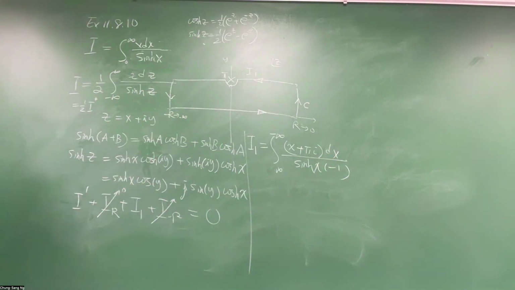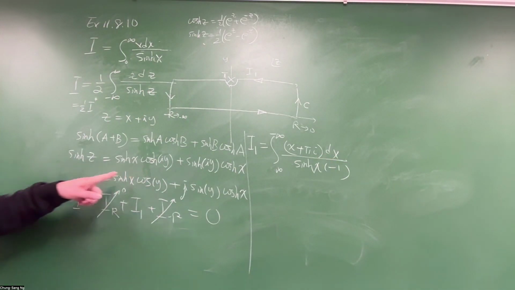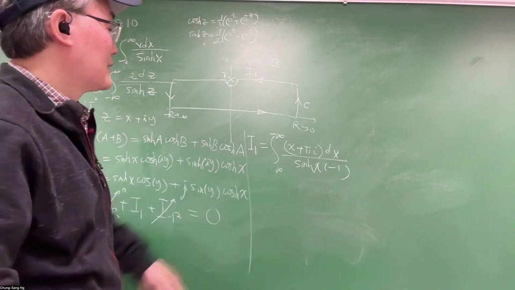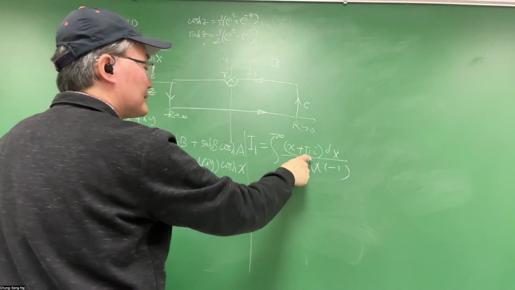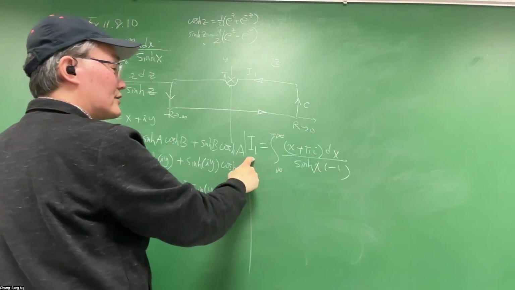The cosine y is minus 1. The numerator, denominator is this one. Now there's a real part and an imaginary part in this integral.